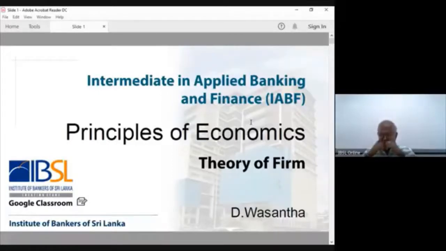Right. Theory of firm. Up to now, we discussed basic economic issues, problems, scarcity. After that, we discussed the demand and supply, theory of demand curve, supply curve, equilibrium, then the price controls, minimum and maximum prices.